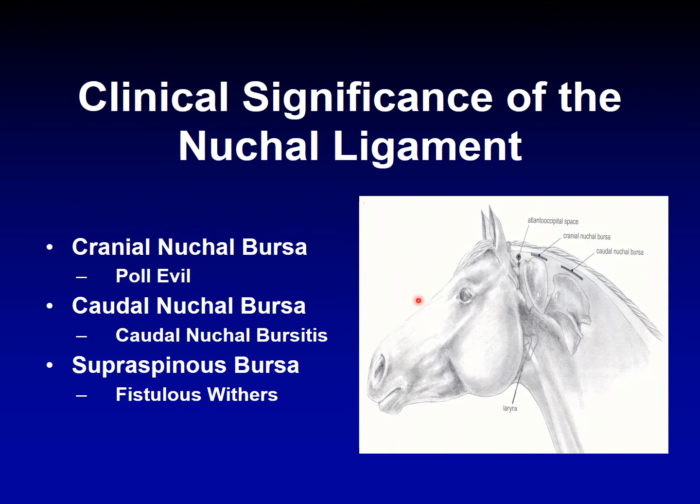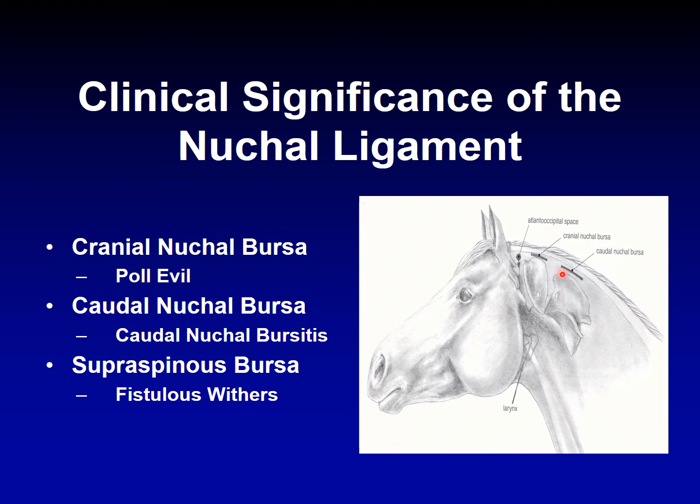The second disease, which is inconsistent because the caudal nuchal bursa is not present in all animals, may or may not be present in some animals. The disease that occurs in this bursa is called caudal nuchal bursitis.